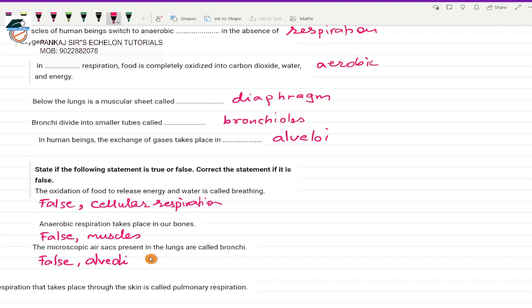Alveoli. I think the spelling is alveoli. Let me correct the spelling again. Alveolar sacs you can call, or alveoli is correct. Alveoli. Here also let me get the correction.